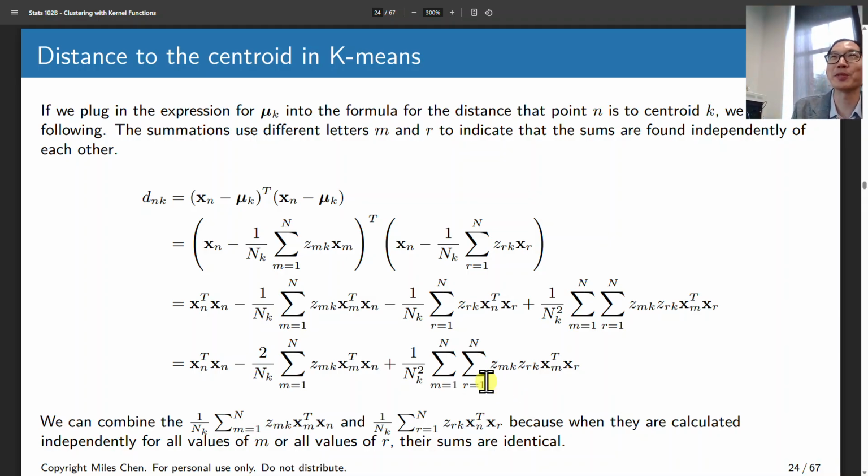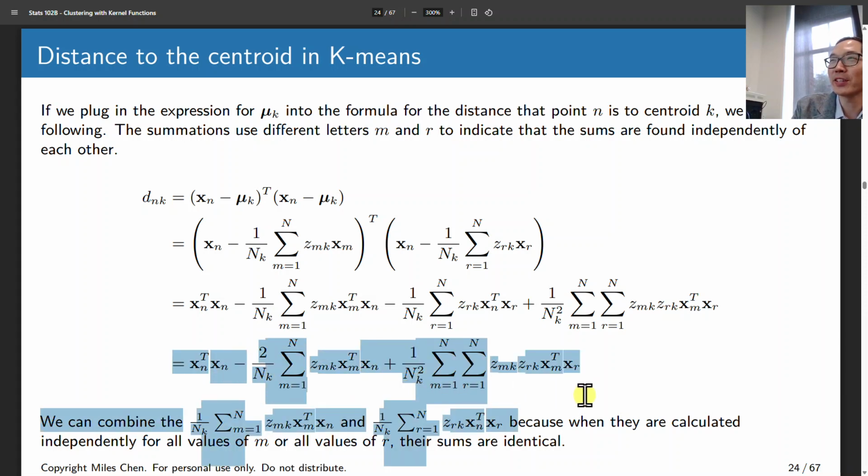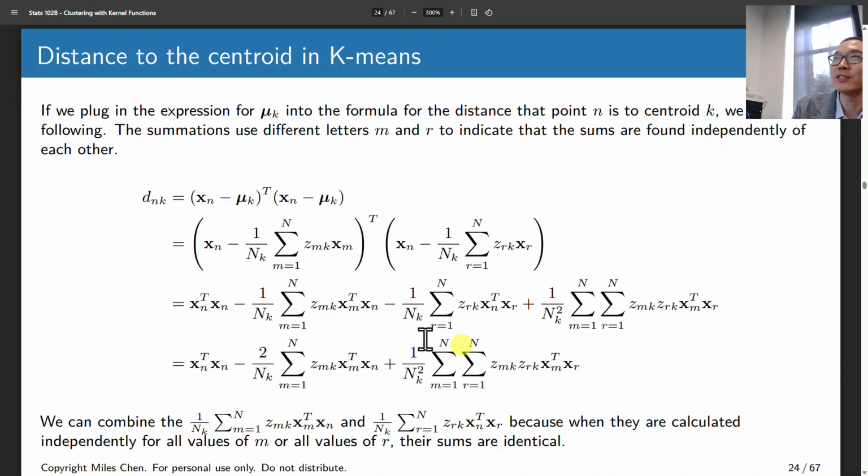The reason why is because eventually we're going to move to kernel functions, on the next slide, and this allows us to keep the distance. So this whole thing, as messy as it is, is basically the distance to the centroid, and this distance is based off of all of the other x points that belong to that centroid.